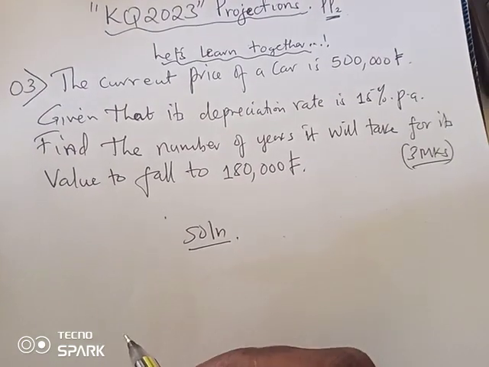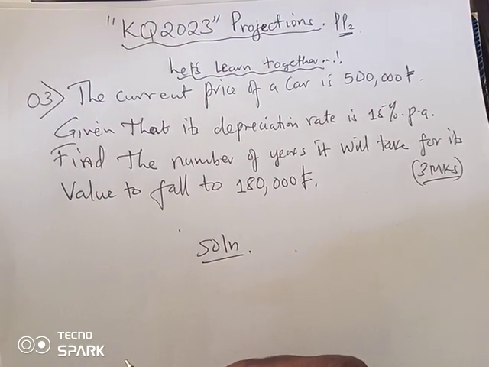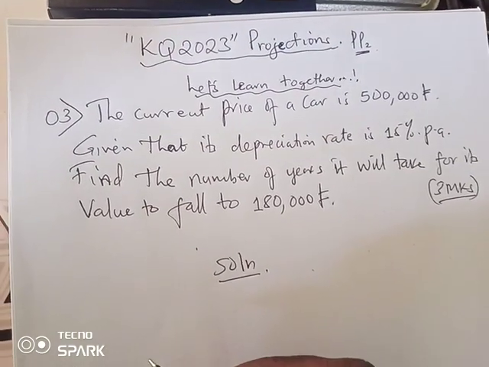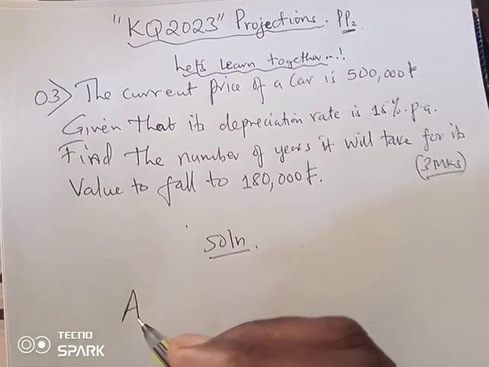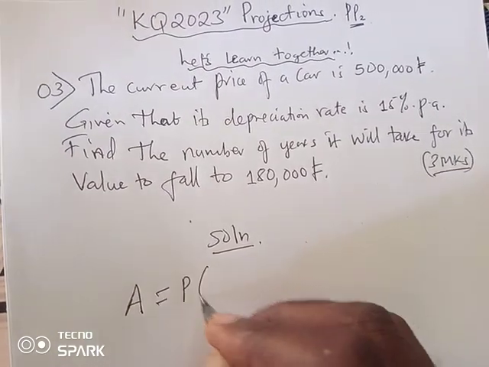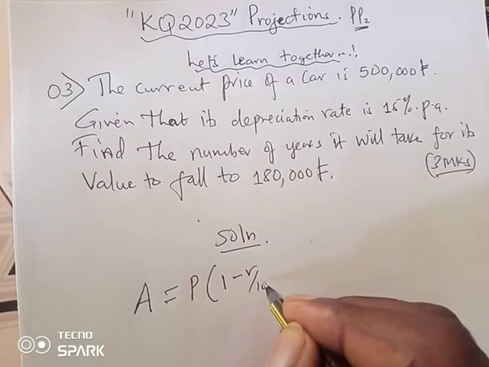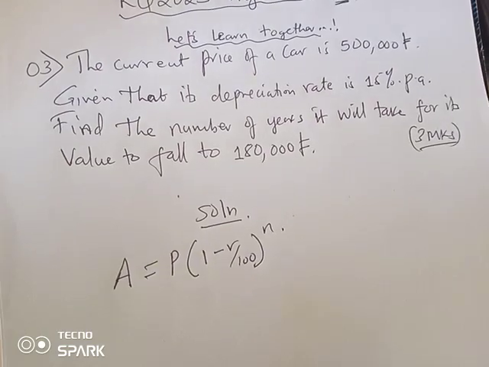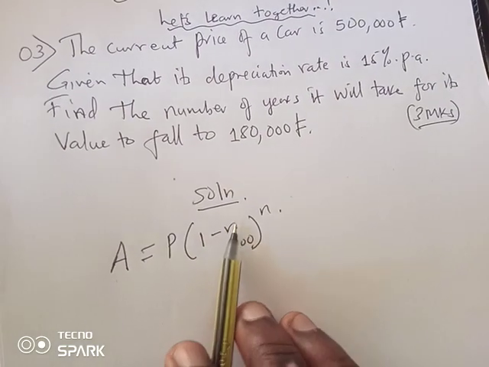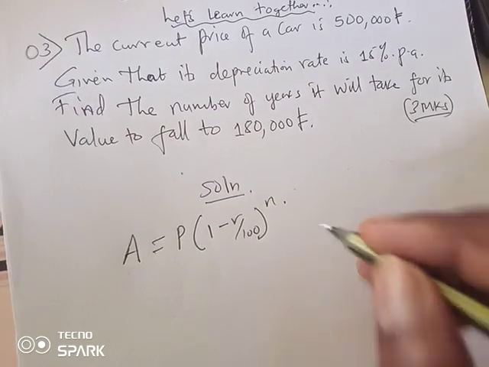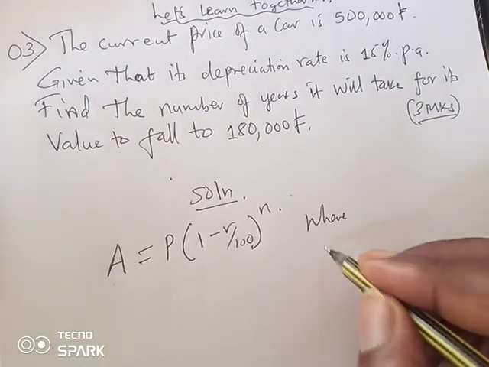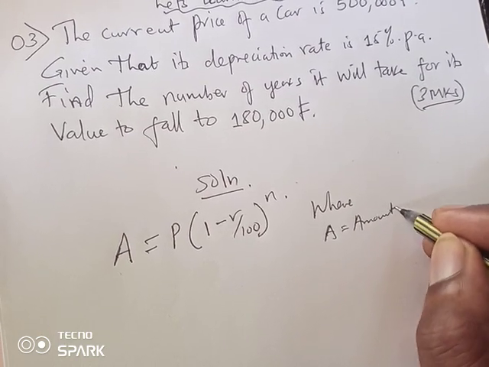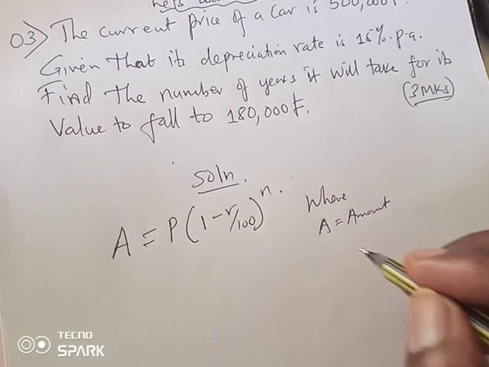So what comes into your brain when you read through under depreciation is the formula for getting the amount, and therefore A is always equal to P into 1 minus R over 100 power n, where as we all know, A is the amount, the accumulated amount after some time.